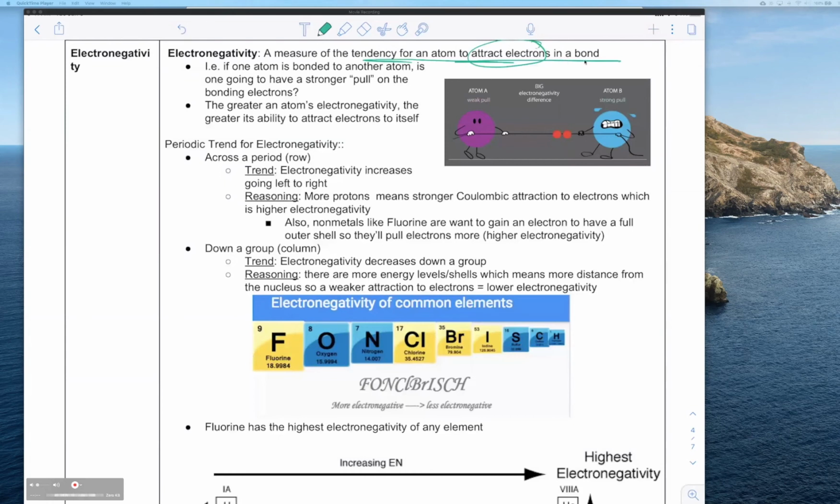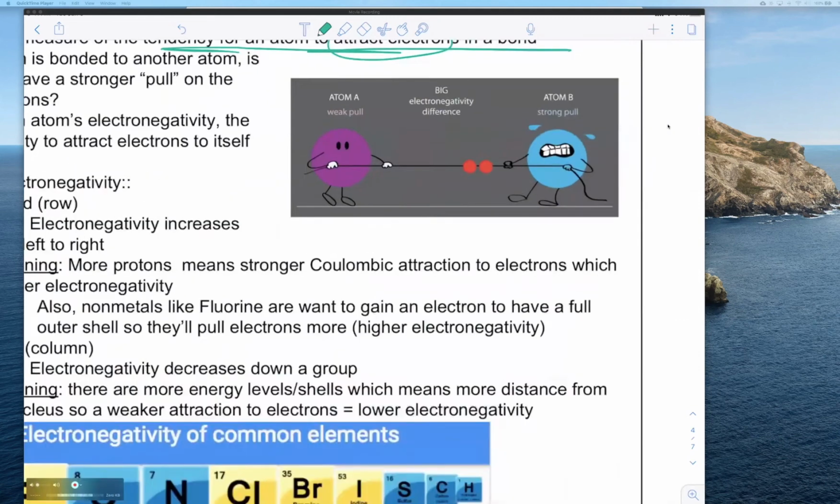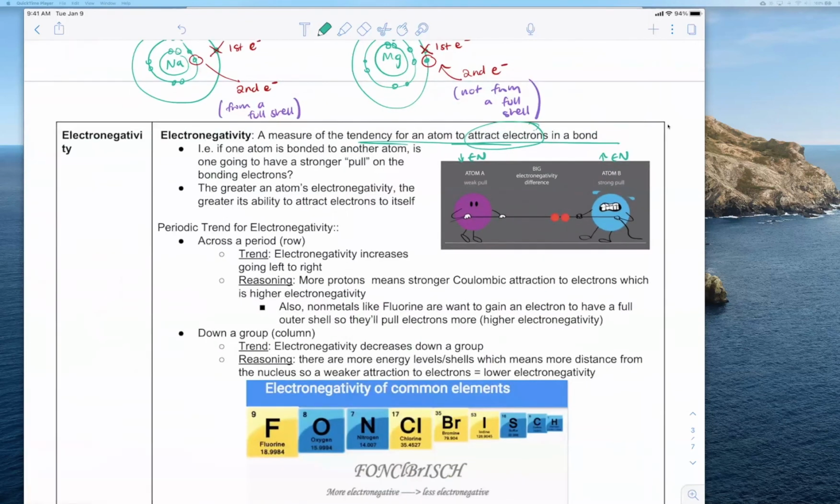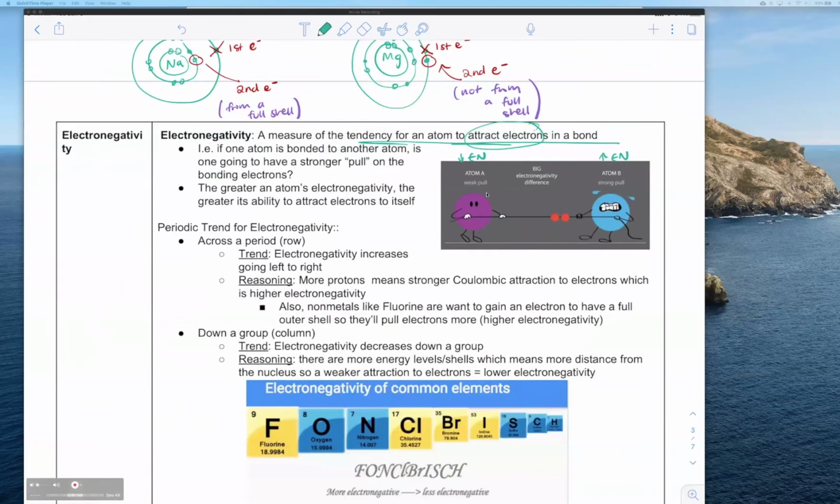And how atoms are connected to each other is they use electrons. So you can see here, if you have two different atoms, one atom will most of the time pull the electrons closer than the other atom will. So whichever atom pulls the electron closer, that would be the higher electronegativity atom. And the one that doesn't pull the electrons as closely, that would be the lower electronegative atom.